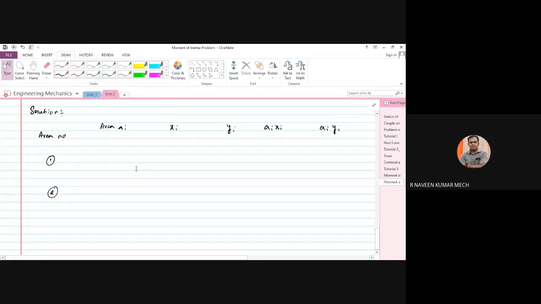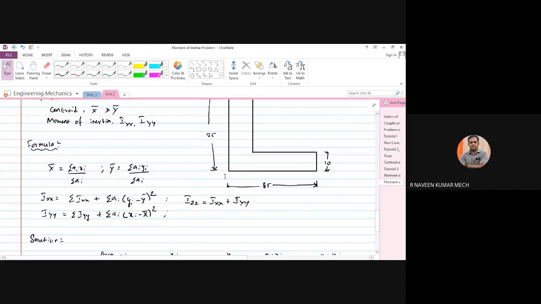For area 1, let this be area 1, and this area 2. For area 1, what is the value of area, and how can we find that area?